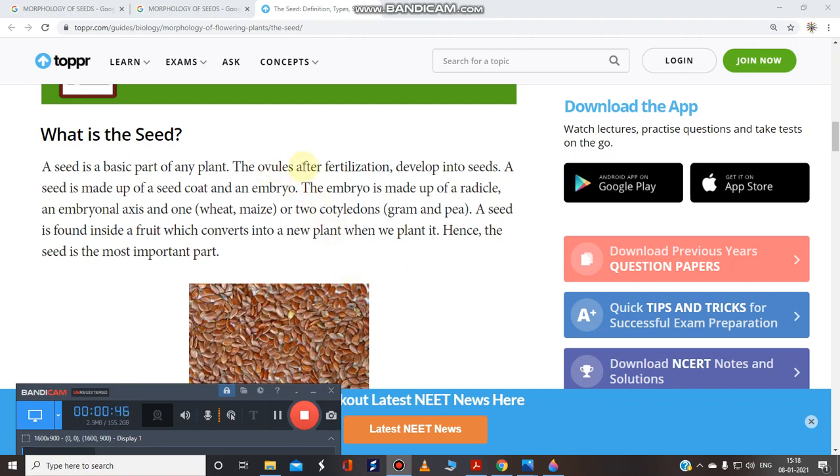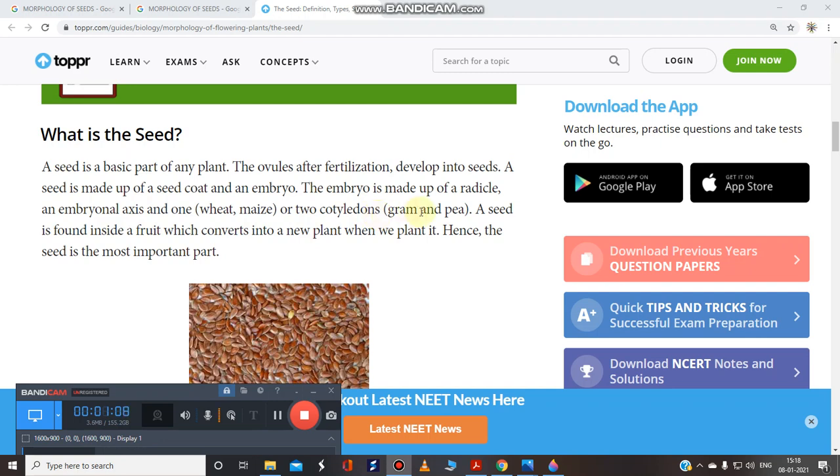The ovules after fertilization develop into the seed, and a seed is made up of a seed coat and an embryo, and the embryo is made up of a radicle, an embryonal axis and one or two cotyledons. That's why we covered the single line earlier, monocot or dicot plants.